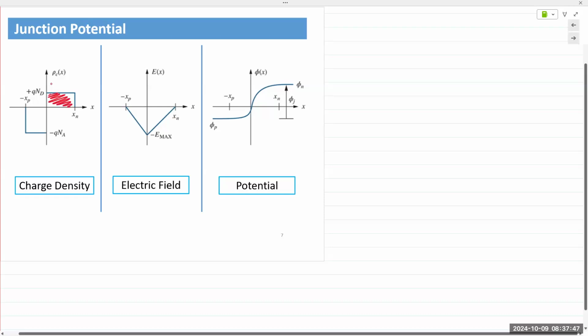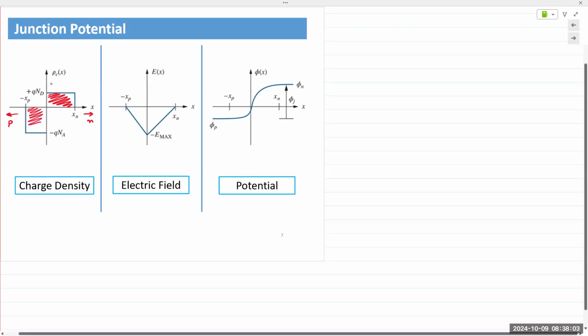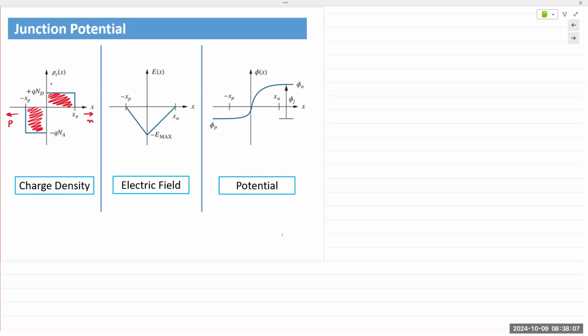This is going into the N type material, and this is going into the P type material, the physical distance into the N type and the P type material. Depending on the concentration of the atoms, the total charges are balanced out by the number of acceptor atoms and the number of donor atoms. It's a phenomenon that takes place specifically at the junction.